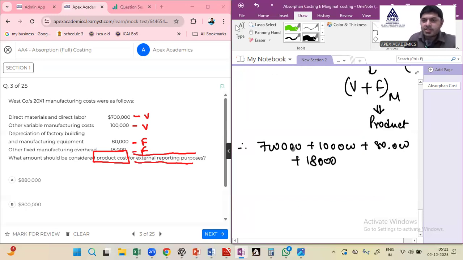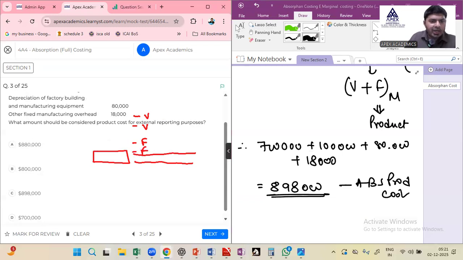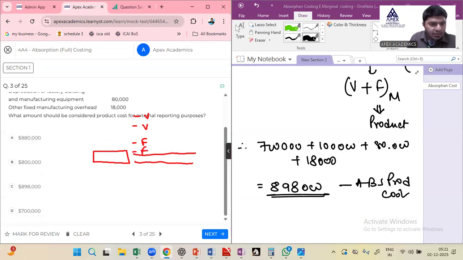The total of this is 7 plus 1, 8 lakhs, and this is 98. So the answer is 8 lakhs and 98,000 under absorption. This is the product cost. So let's look for 8 lakh 98,000, and we find 8 lakh 98,000 as your option number C.